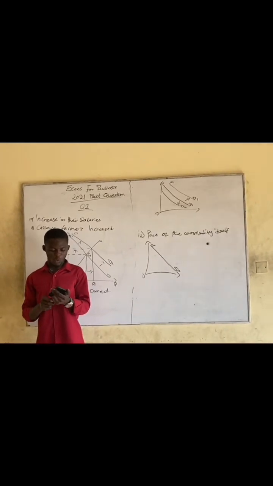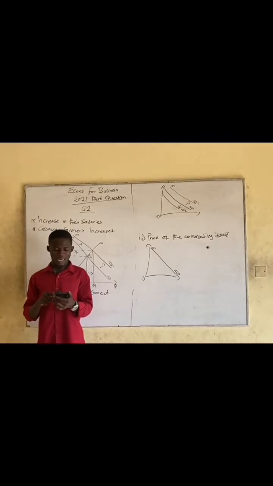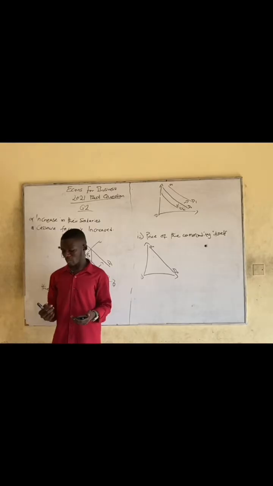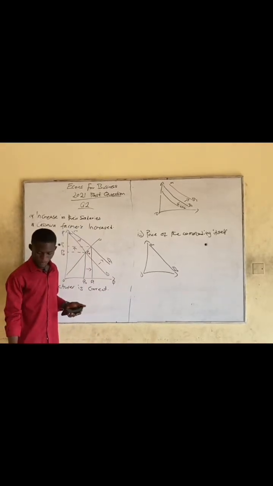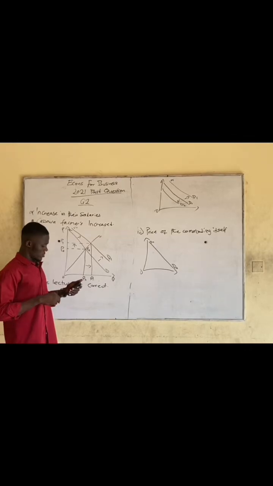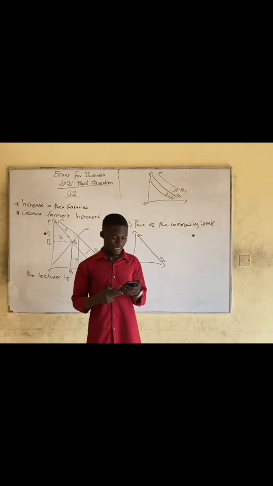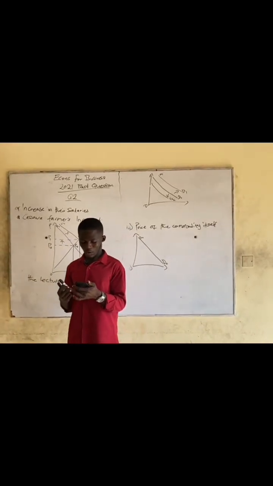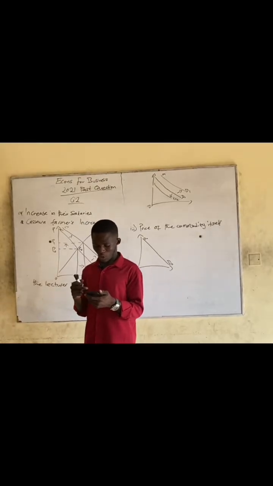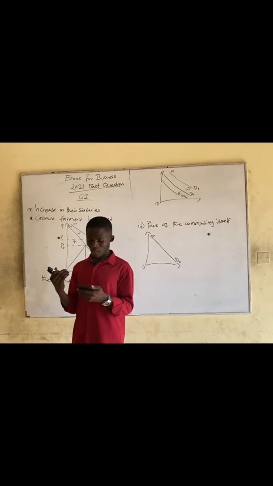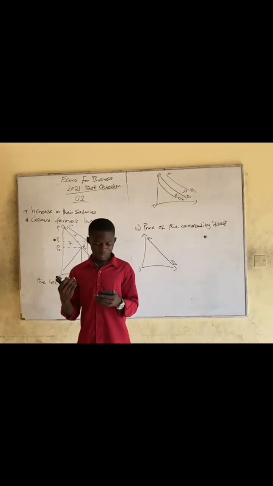Okay, so we'll move on to the objectives, and then we solve them and we bring it to an end. So with the objectives, it says that provide only the correct answers which correspond to the letter A to D in your answer booklet.